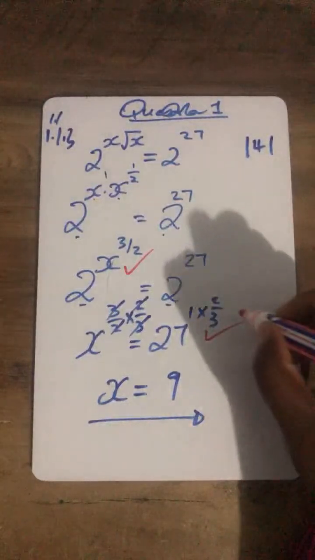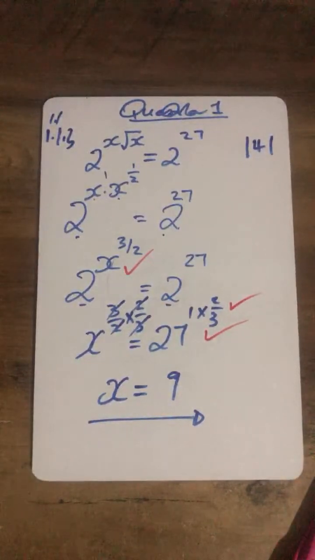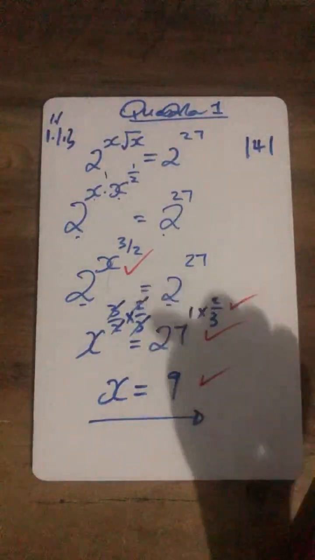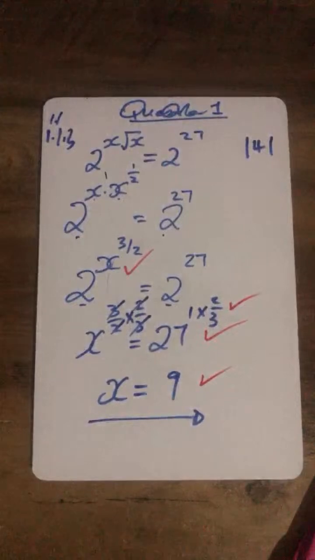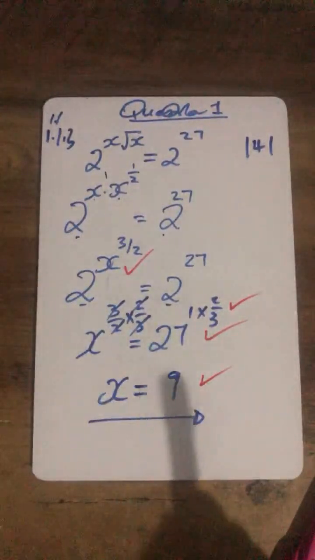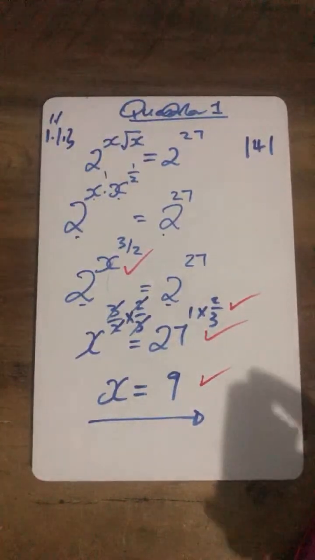And again, for having multiplied everything by 2 over 3, you also score yourself a mark. And then the last mark, give yourself on that final 1 over there. So if you got x equals 9, you allocate yourself full marks. So that's how you would work it out.